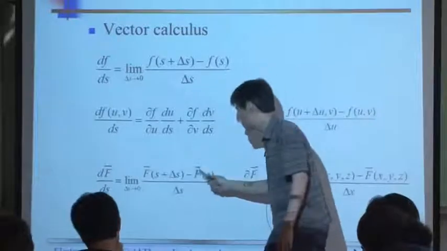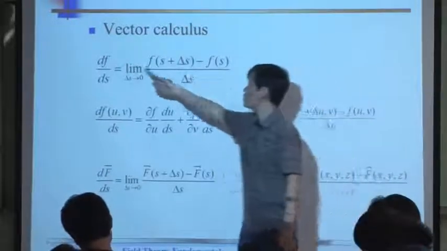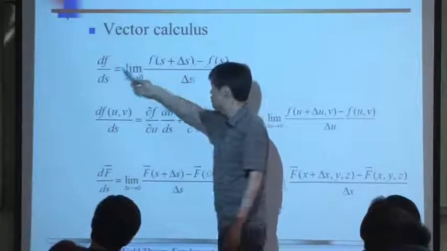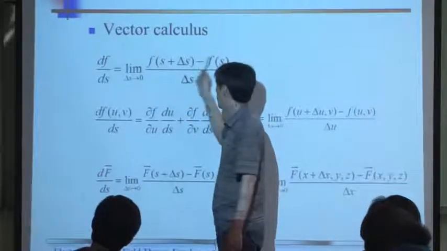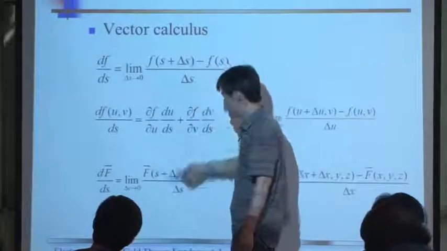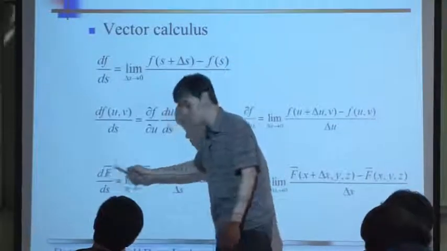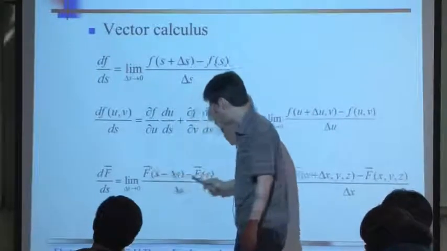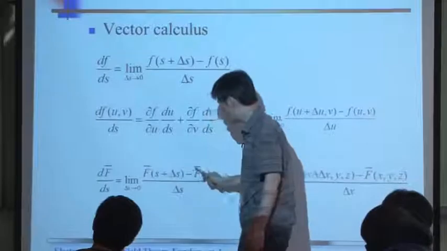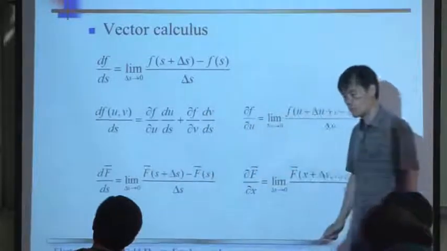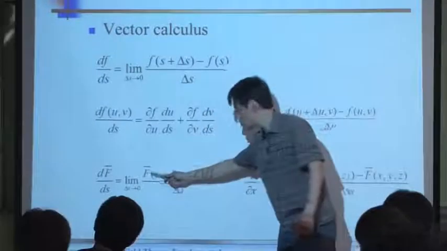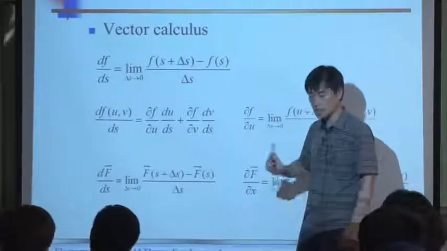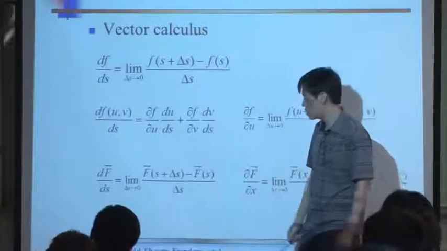Originally this was the scalar, so we don't need to write the arrow on top. But in this case, originally the f function was the vector, so that's why this function and this function should have the arrow symbol, meaning this quantity and this quantity are vector quantities, not scalar quantities.